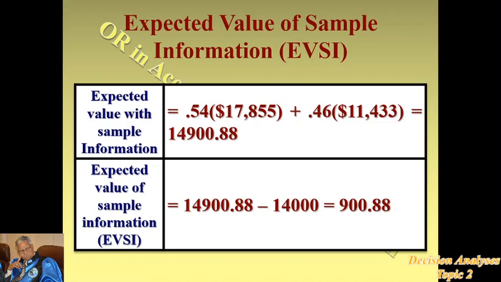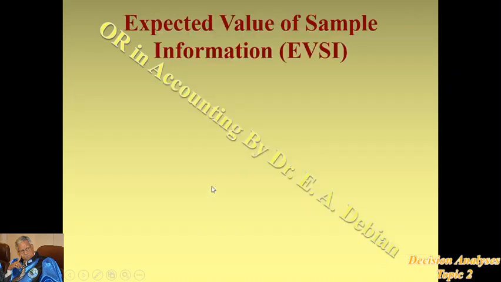Without sample information, our best expected value is $14,000. Subtracting this $14,000 from 14,900.88, the result, 900.88, represents the expected value of sample information. This is step number 3.